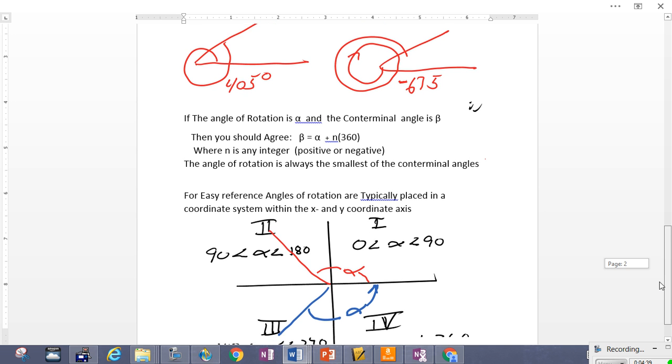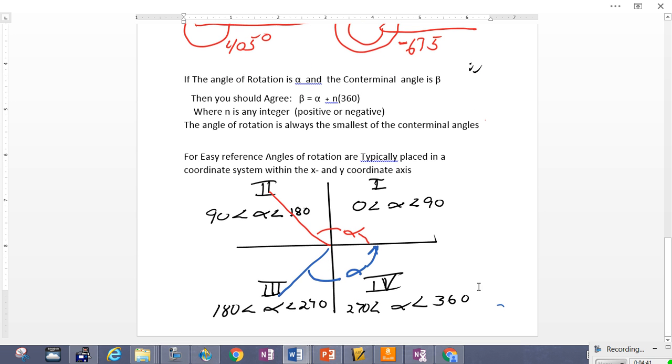For convenience's sake, we typically place our angles of rotation within a coordinate system. If the angle falls within the first quadrant, then it is between 0 and 90 degrees. If it falls within the second quadrant, it's between 90 and 180.